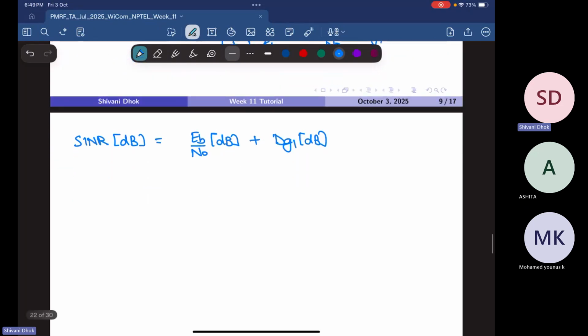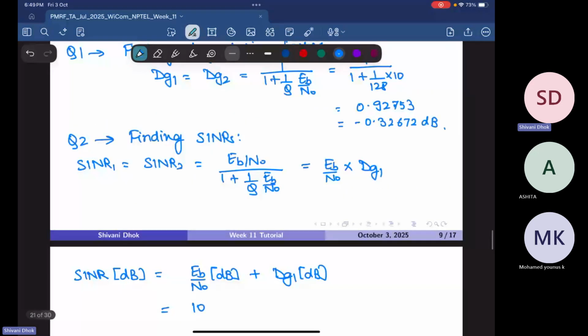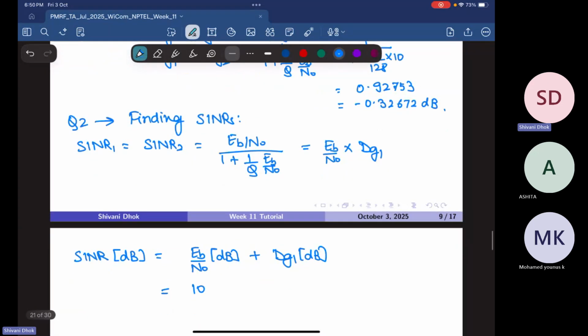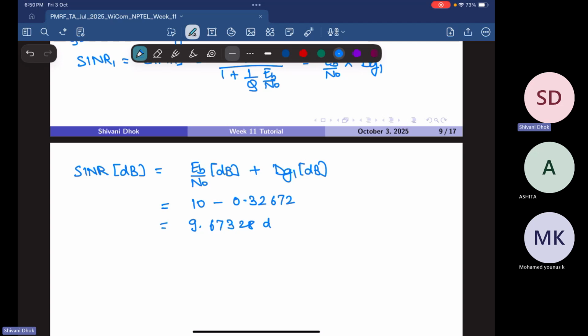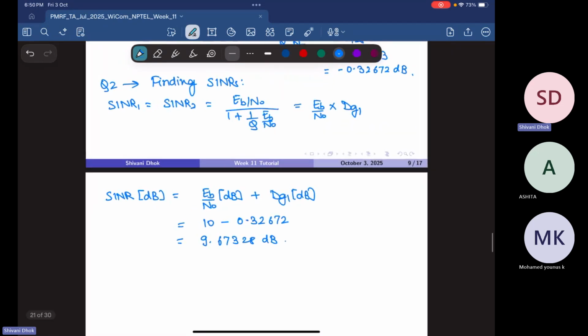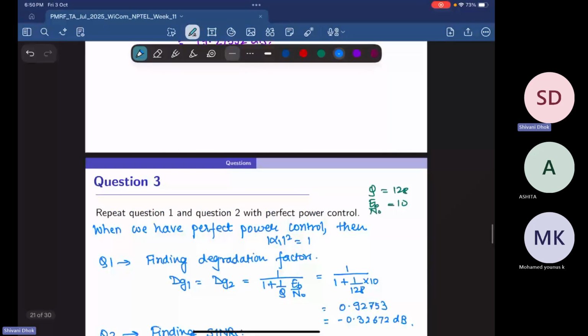This Eb/N0 in dB is given to us as 10 dB, and this dg1 comes out to be equal to minus 0.32672, and this comes out to be equal to 9.67328 dB. So this is the SINR that you get when you have perfect power control. Both the users are seeing the same SINR.